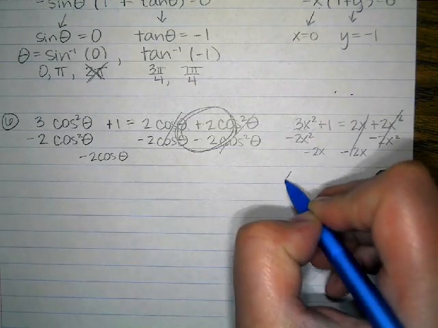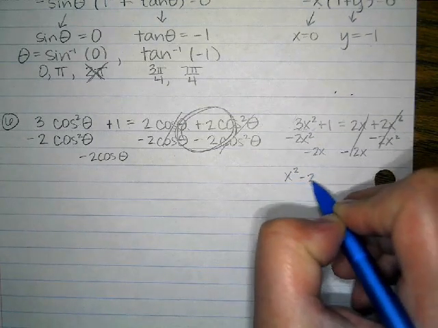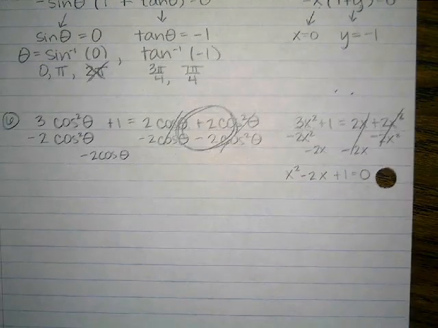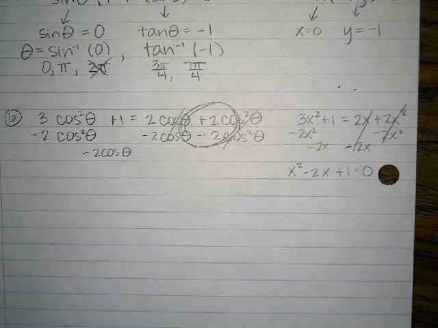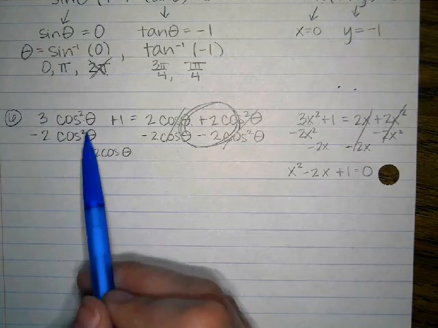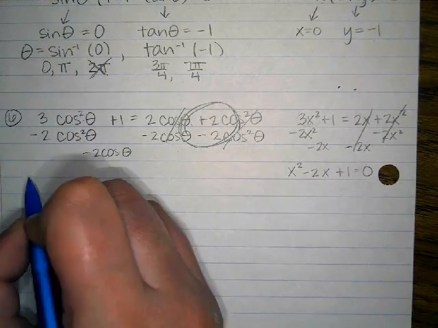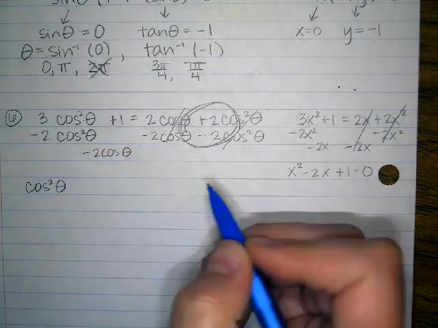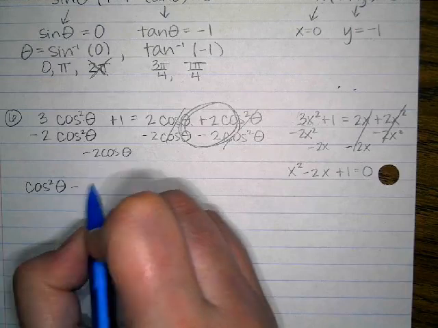So 3 cos squared minus 2 cos squared gives me just a regular cos squared. And then I've got minus 2 cos, and then I've got a plus 1. So this is what I'm working with.